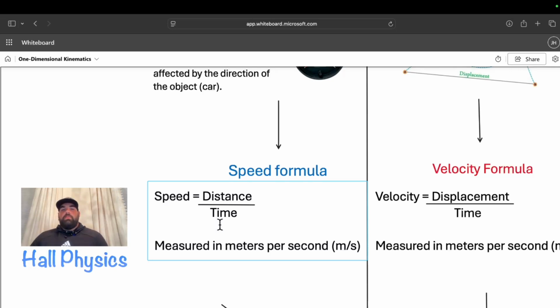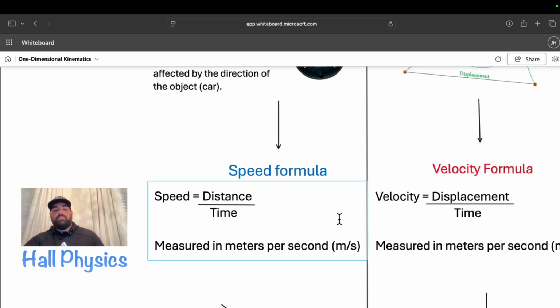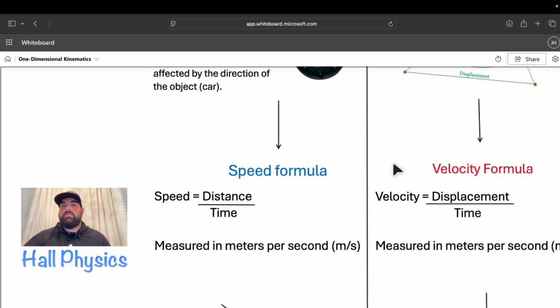Okay, when we're talking about measuring in physics, we're going to use meters for our distance, and we're going to use seconds for our time. Okay, so knowing that, we know that the unit for speed is going to be meters per second. Okay, how many meters can I cover in a certain amount of seconds? How much speed I have.